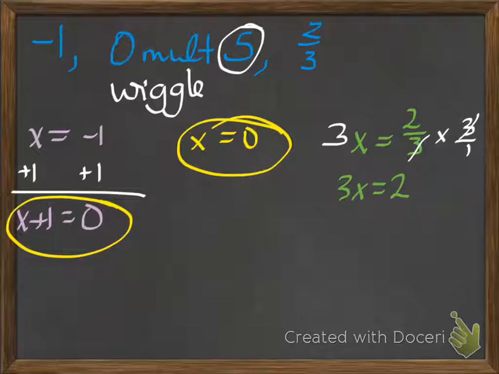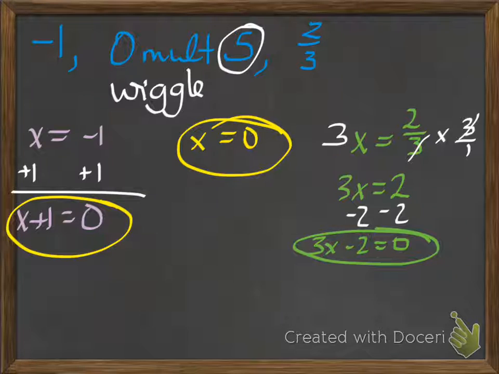And then you move your 2 over, because we cannot have fractions inside of our parentheses. So to get rid of the fraction, this is the easiest way. So those are our 3 factors. You could have 3 factors, you could have 10 factors. 3 is not a limit. I just did it for note purposes.